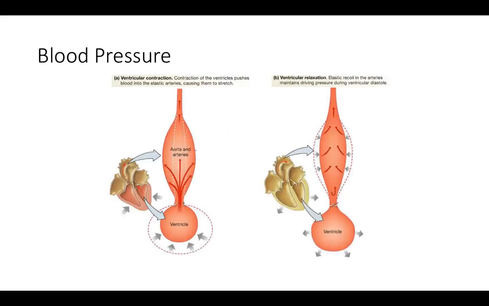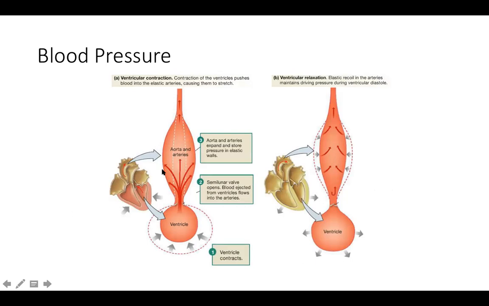So the first thing that happens to create blood pressure is that the ventricle contracts. Blood goes past the semilunar valve. If this is the left side, it's the aortic valve. And blood is ejected into the large arteries. And those large arteries expand. They expand because the elastic tissue in the walls of those vessels will temporarily hold on to the blood.